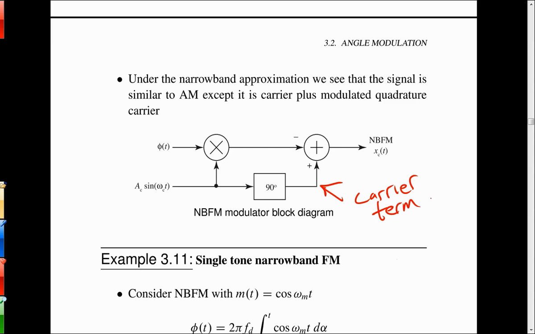And narrowband FM, we're going to come back and look at this after we do the analysis of the full spectrum of sinusoidal FM, as it's called. Narrowband FM is used for, in the lab when you're receiving the weather station, that's narrowband FM. Originally, police and fire and ambulances used narrowband FM. We'll see when we analyze the spectrum that the spectrum of narrowband FM is basically like that of amplitude modulation.